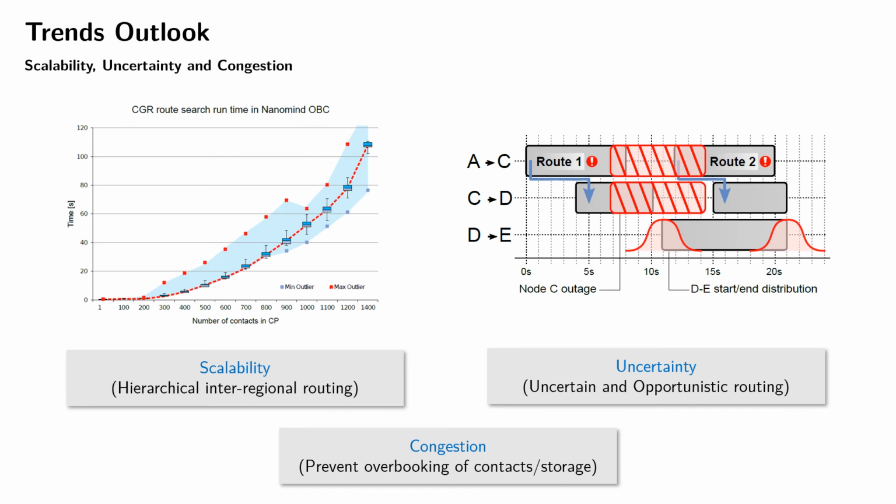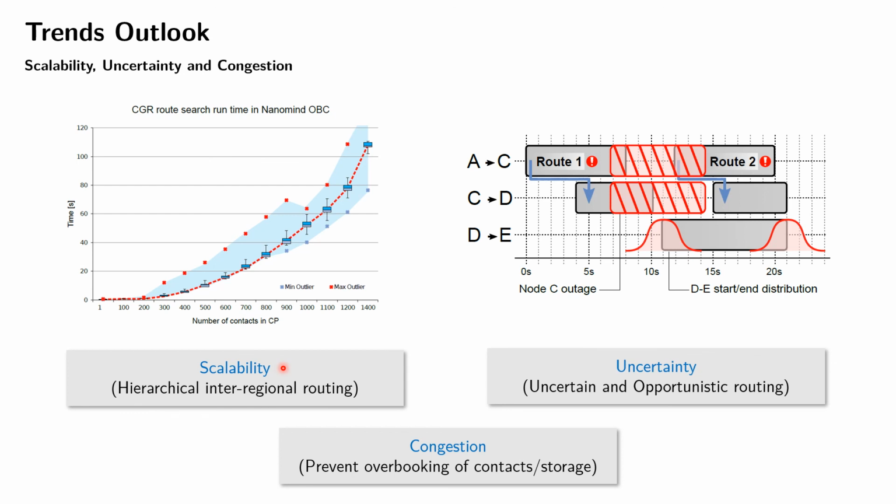So finally, to conclude my talk, I want to mention a few trends and open topics for research in contact graph routing. One of them is for sure scalability. As you have seen, we have a Dijkstra routing algorithm that is adapted and called within a dual nested for loop for the Yen's algorithm as we have seen before.